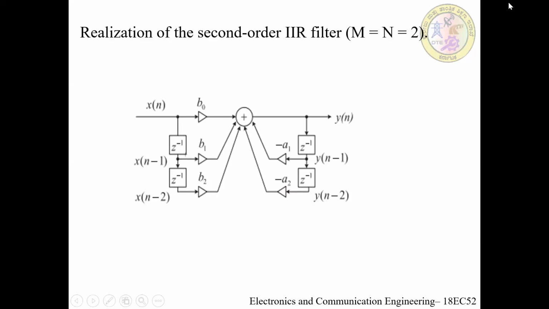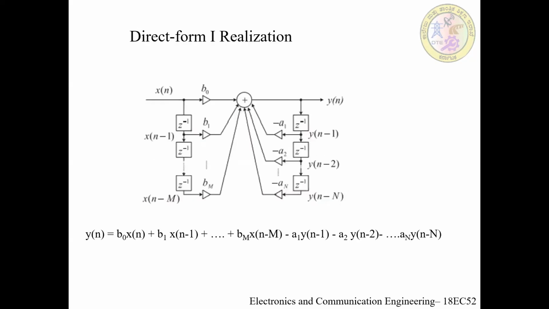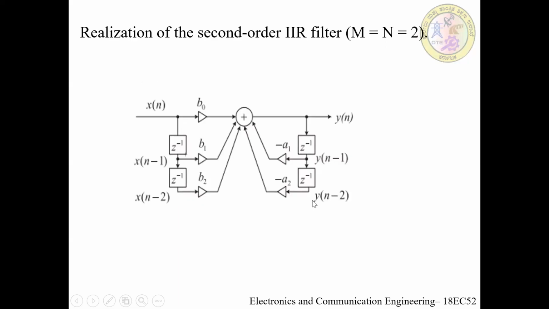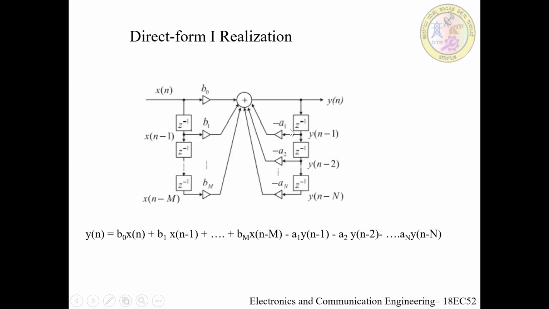Suppose we have taken a second order IIR filter, that means the values of m as well as n become 2 in this particular equation. So it has only 2 delays in its structure. See here, m delays at this point, n delays at this side.